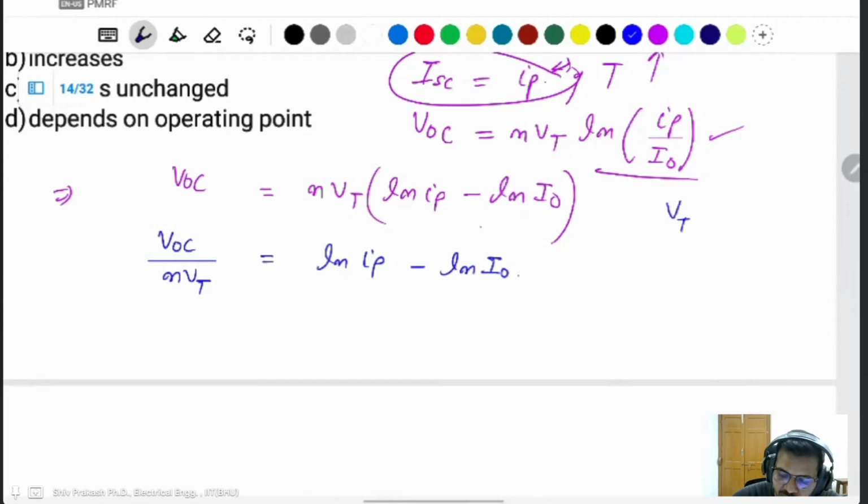VT is a voltage, the equivalent voltage of temperature effect on the diode. It will be T by 11,600, where T is the temperature in Kelvin.